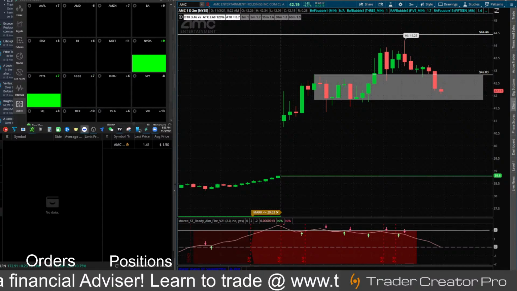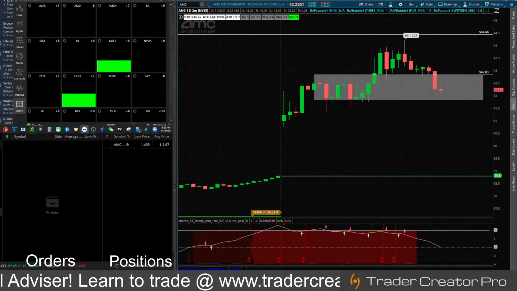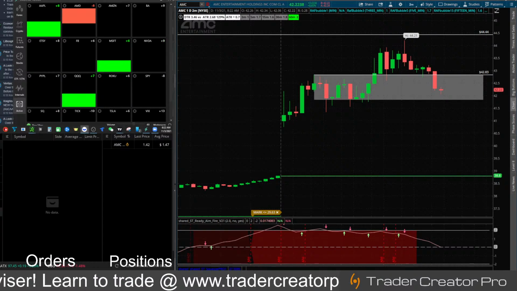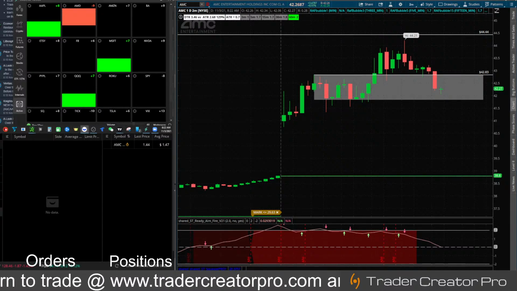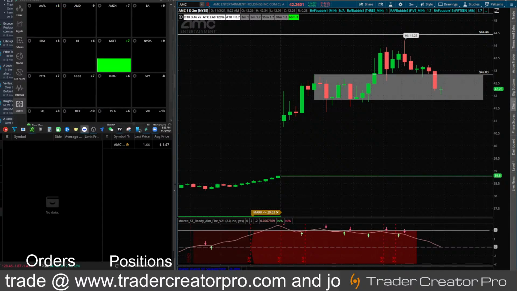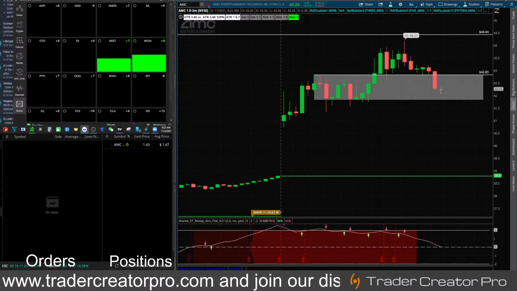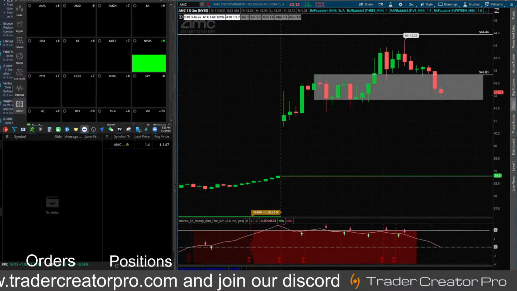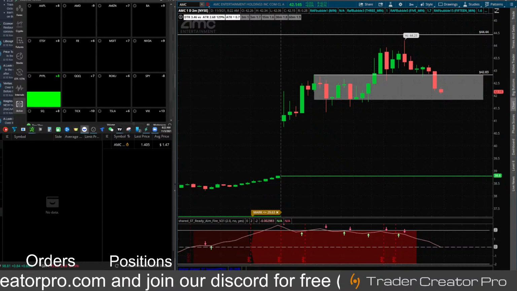I think we're gonna get a little bit of a bounce here. Minute 147. Not holding.